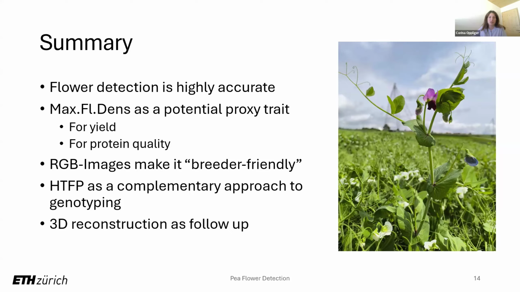And for me, it is also an interesting result to show that these high throughput field phenotyping traits really can serve as a complementary approach to genotyping, so that this goes together. And as I've said, in future projects, I think the 3D reconstruction could show even more possibilities.